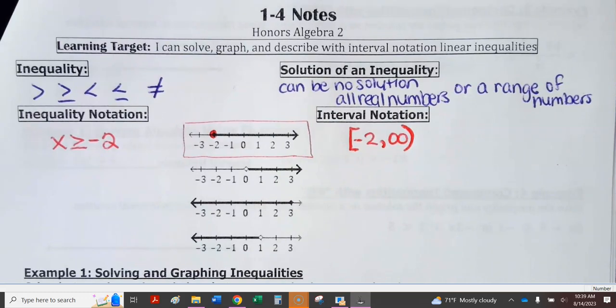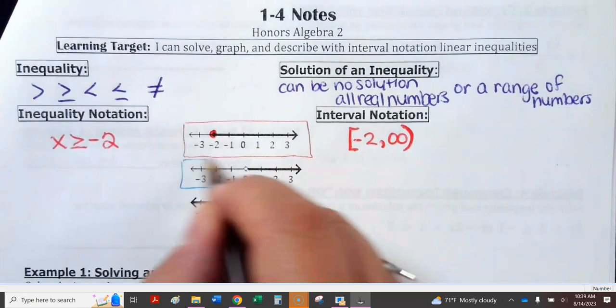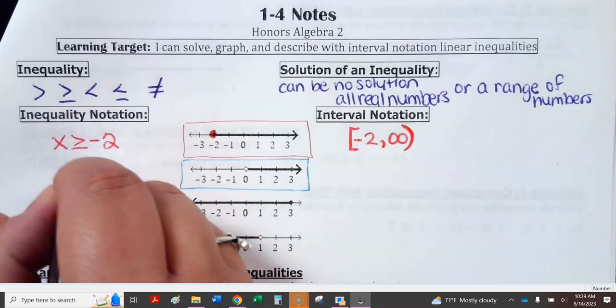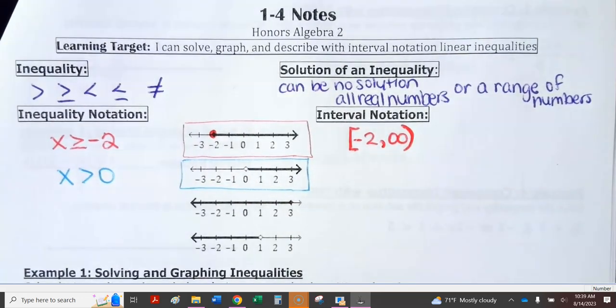Okay, can anybody help me out with the inequality for the second picture I've got for this number line? Could you write an inequality for that? Perfect. X is greater than 0. Now the only difference between this one and the one we just did for the interval notation, the smallest number I have is 0.